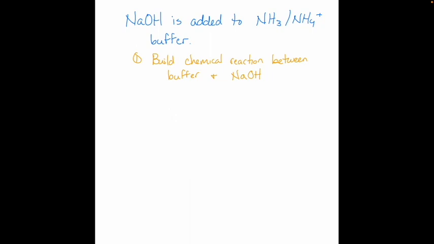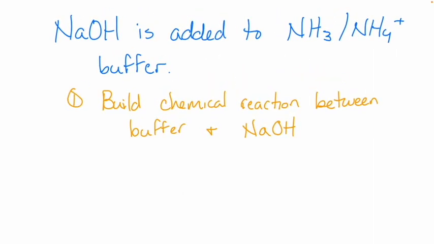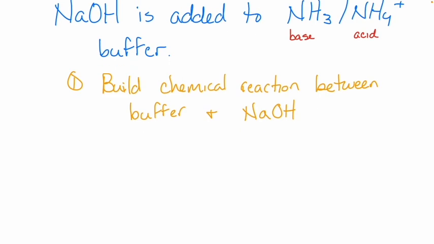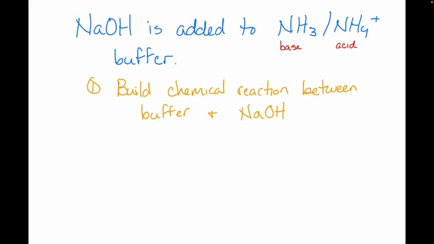All right, so what's important to remember here is, again, in my conjugate pair, what's my acid and what's my base, right? My ammonia was the base. My ammonium was my conjugate acid, right? It has more hydrogens, okay? So if I'm adding a strong base like sodium hydroxide, it's not going to react with the base, the NH3.